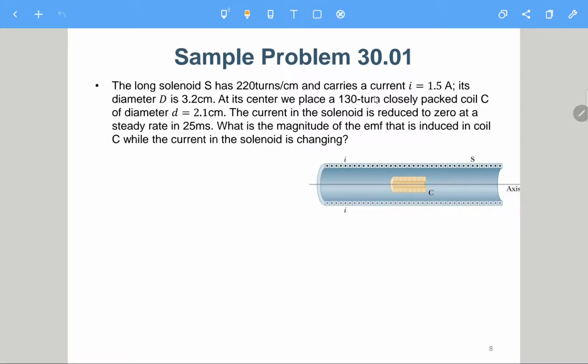So it tells you that the current is originally 1.5 amperes, and it is reduced at a steady rate in 25 milliseconds. So in 25 milliseconds it is reduced to 0.